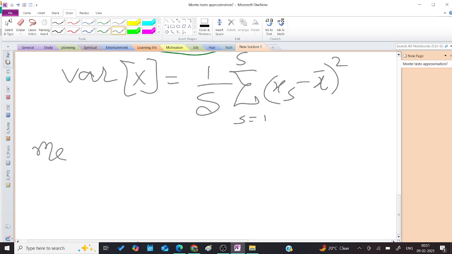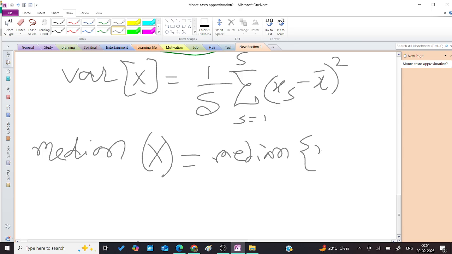For the median of x, it is given by the median of x1, x2, up to xs.